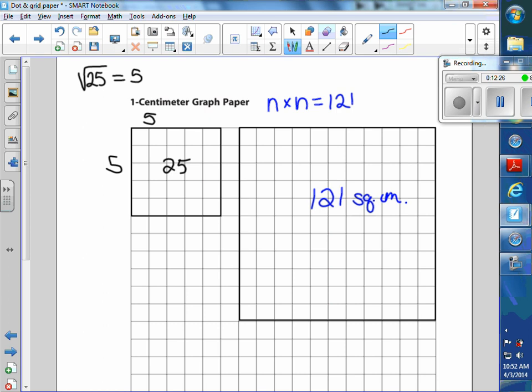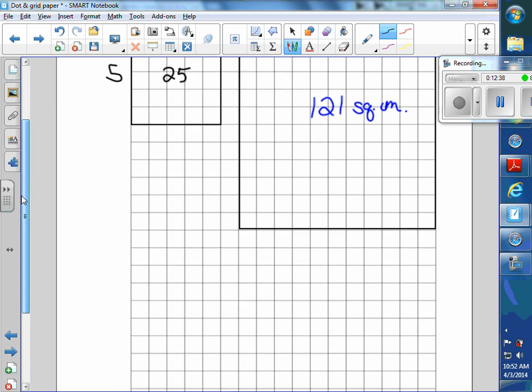So if I asked you for the square root of 49, I'm thinking what number times itself is 49, and it's 7. So on my grid paper, if I took my square and I went 7 by 7, if you look, 1, 2, 3, 4, 5, 6, 7, right?